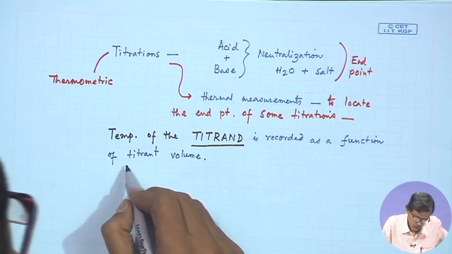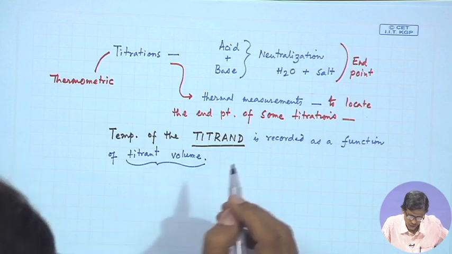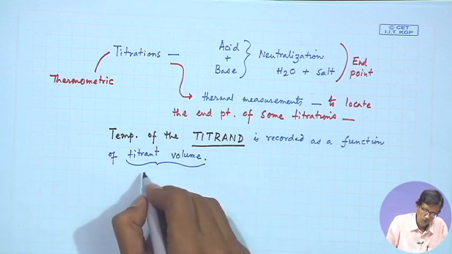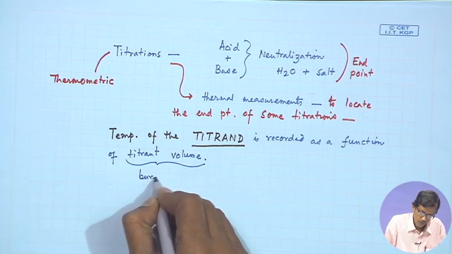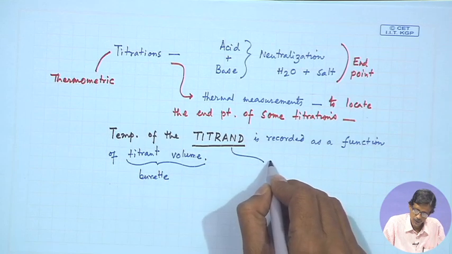We all know that we just go for this addition of volume from the burette, and we take something in the conical flask.